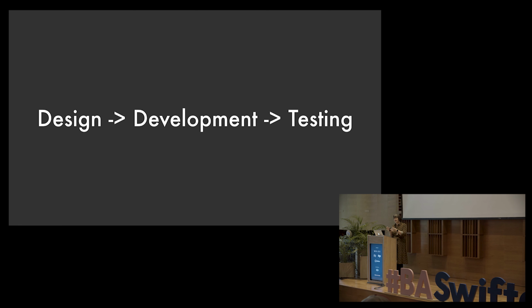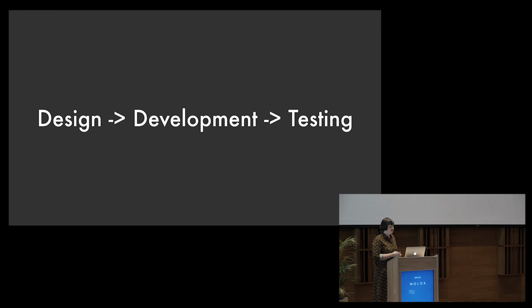A lot of things that become difficult to solve with accessibility during development could probably just be solved if design had thought about it first. So it's good to try to get designers on board. If you're a team of one who does all of this yourself, it's easier. But if you're in a bigger team, it takes a lot more coordination.